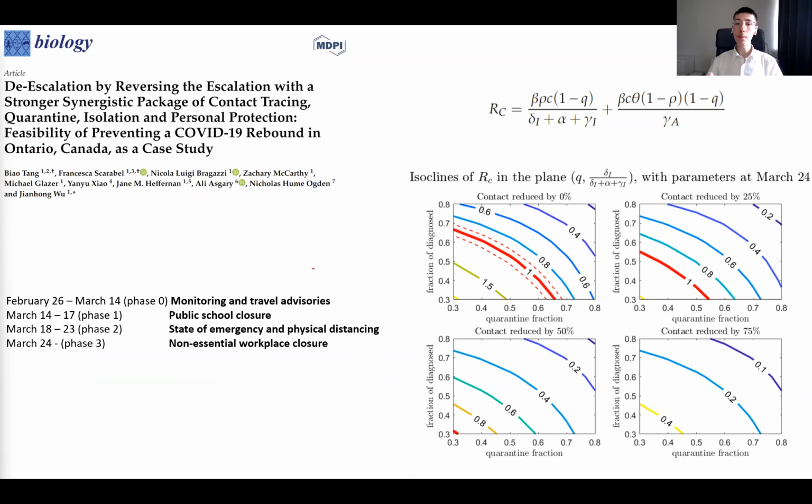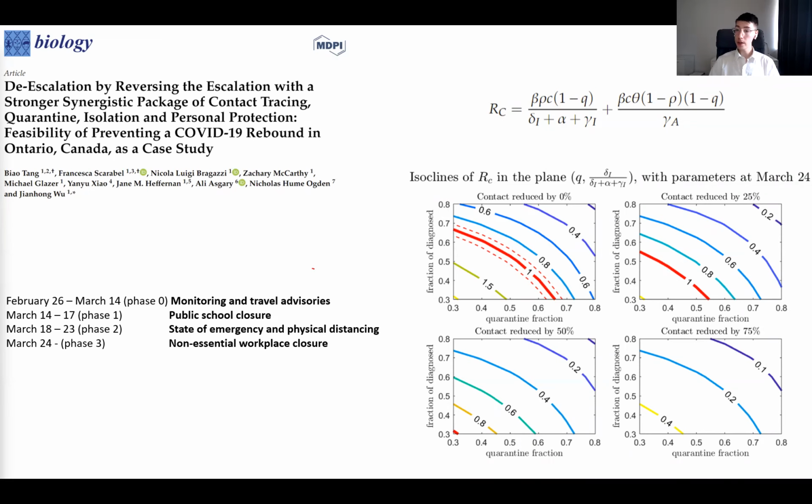We looked at the feasibility of reversing the measures that were implemented, really quantifying the necessary conditions in order to avoid the rebound. We showed that it was possible to ease some of the physical distancing measures, and this was the case, and we did avoid that second wave. This was postponed until the fall.